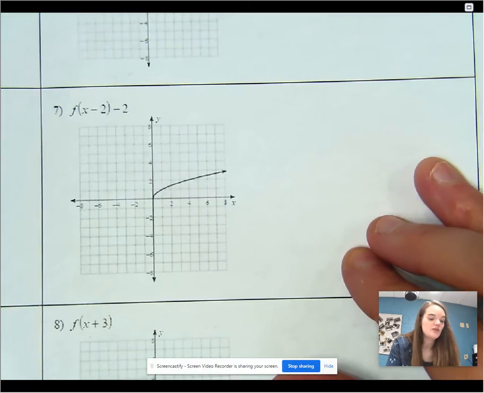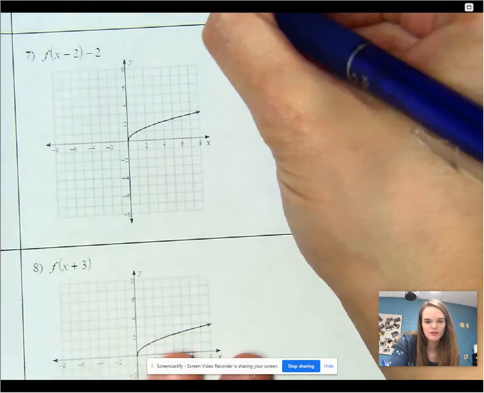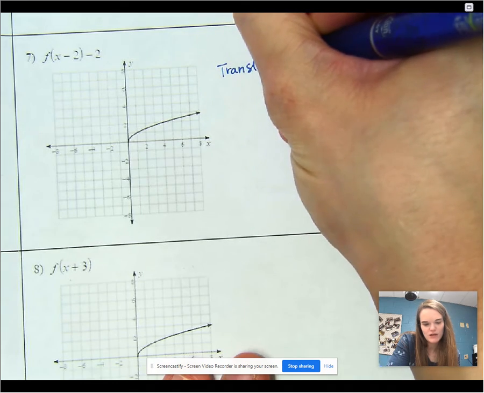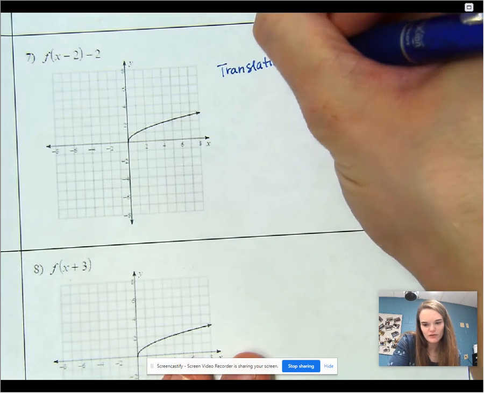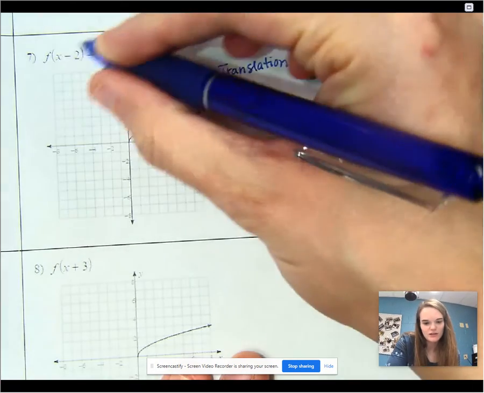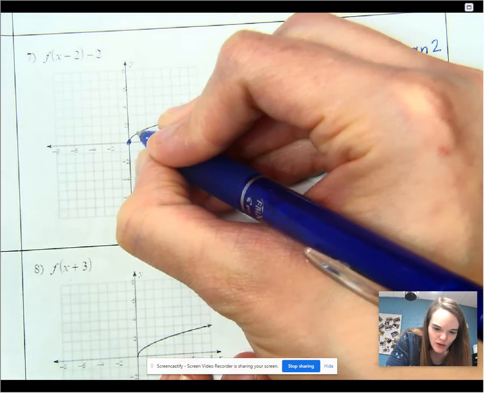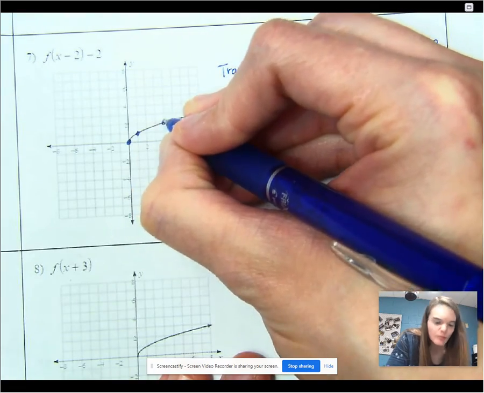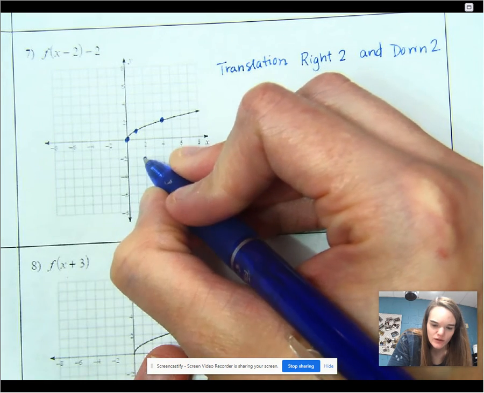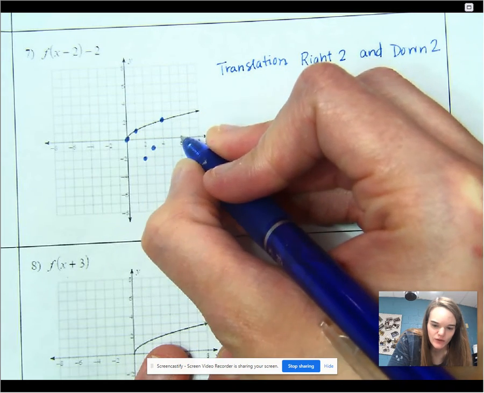All right, last 2, these are square root functions. Number 7 has 2 things going on. It is a translation. So far, most of them have been translations. The inside is right 2. Remember, it's the opposite of what we think. And the outside, down 2. We're going to pick 3 points. We're going to go right 2, down 2, for each one.